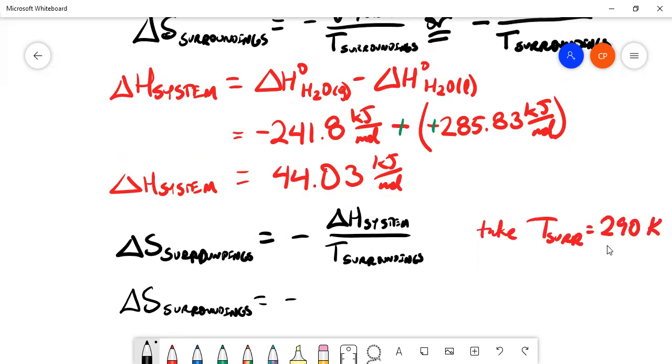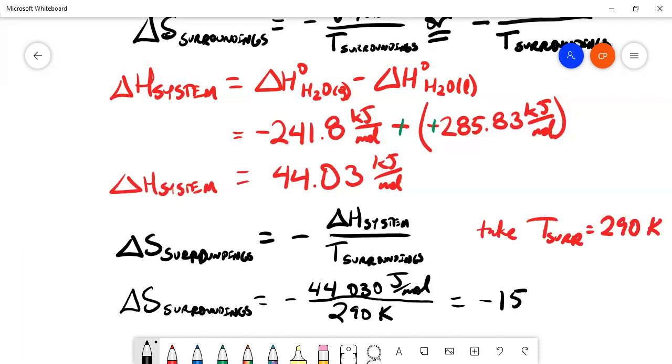Yeah, this is the single most obnoxious thing about having to do some sort of computation with delta H and delta S, is that delta H of the system I need to take as 44,030 joules per mole. Because I'm going to be dividing that by 290 Kelvin. Negative 44,030 divided by 290 gets me a delta S of negative 152 joules per mole per Kelvin.